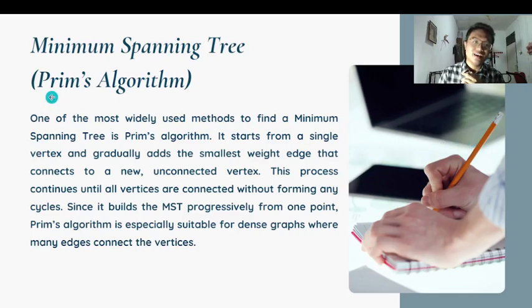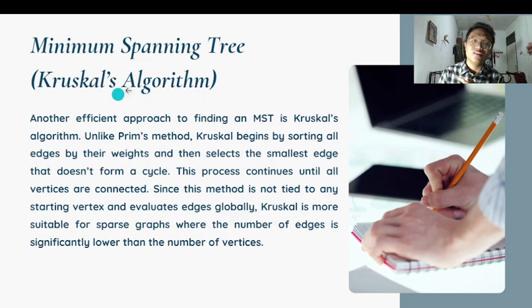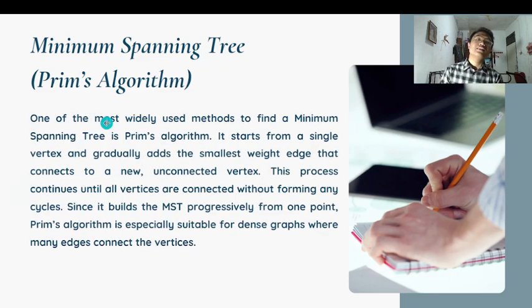And then these are the algorithms. First, there will be Prim's algorithm, then there will be Kruskal's algorithm. But first, I will go with Prim's algorithm. One of the most widely used methods to find a minimum spanning tree is Prim's algorithm. It starts from a single vertex and gradually adds the smallest weight edge that connects to a new unconnected vertex.